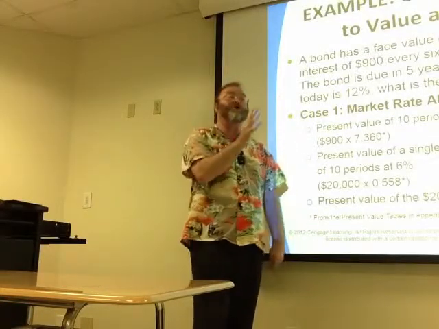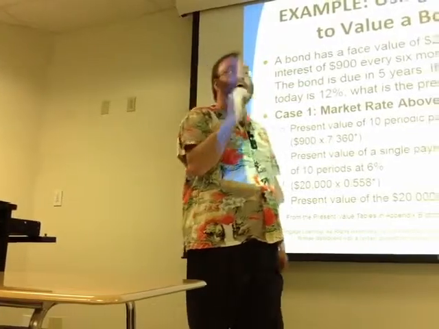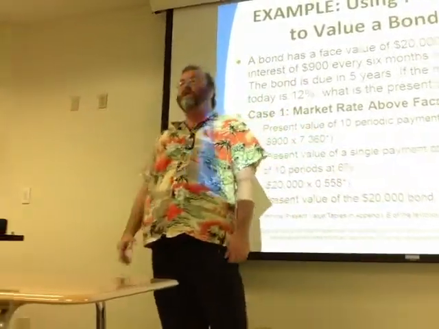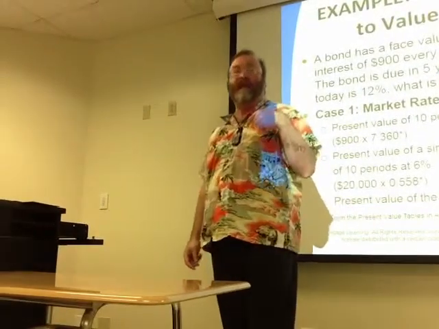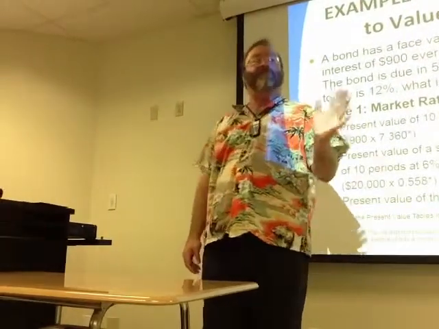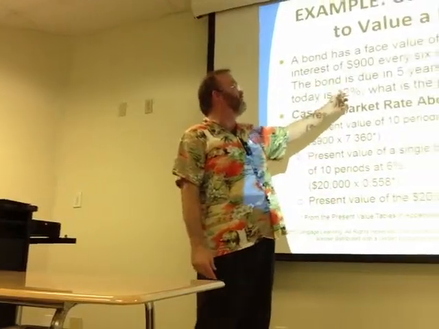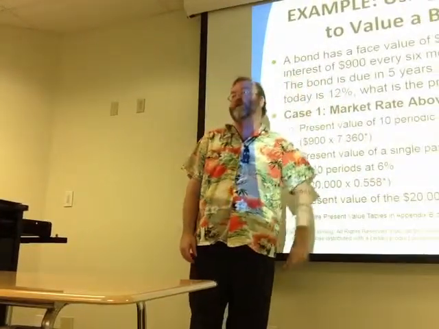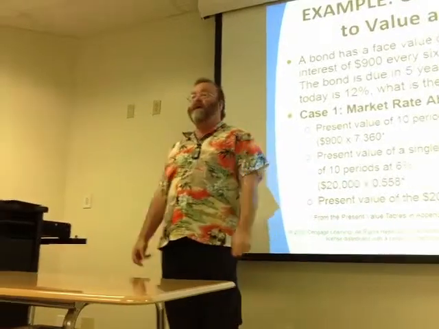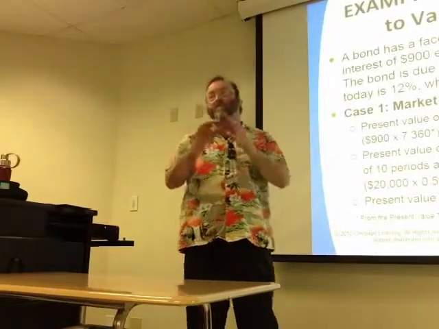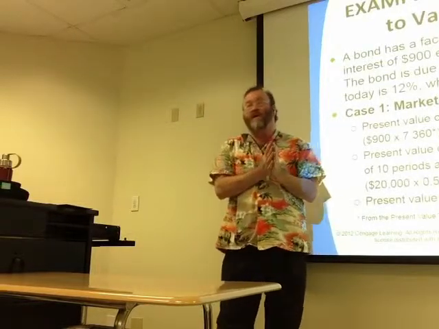So what you're going to do anytime you're dealing with semi-annual is you're going to double the number of periods from 5 to 10, and you're going to halve the interest rate from, in this case, 12 down to 6. Now that's the last comment. And I'll say this again on Wednesday when we're doing the problems in the book.